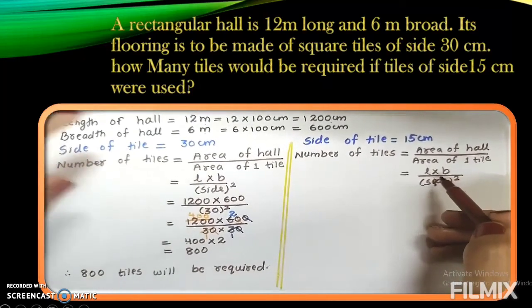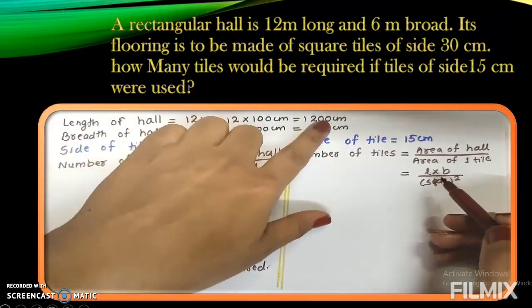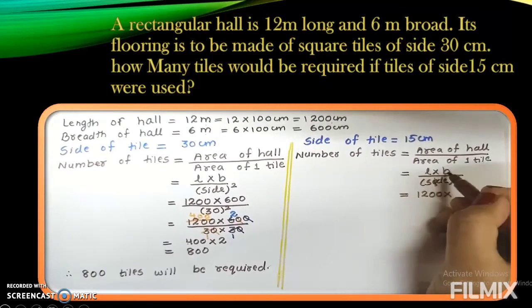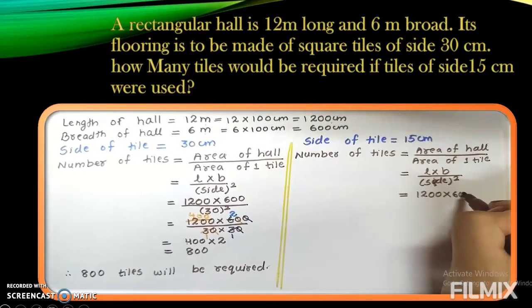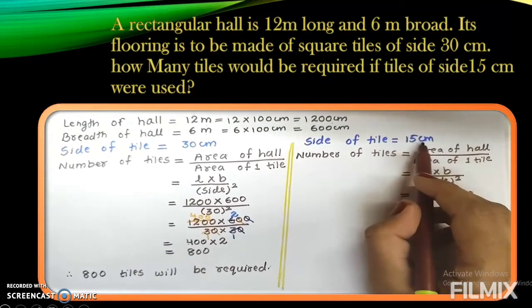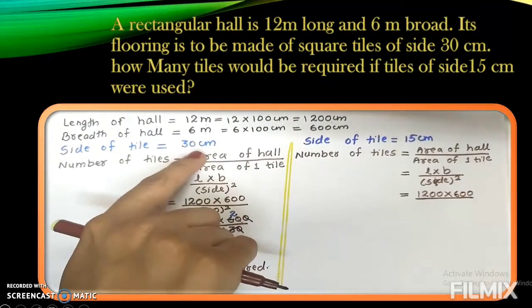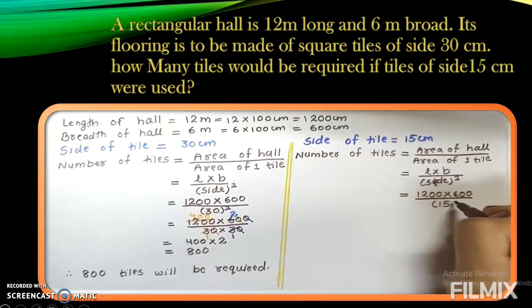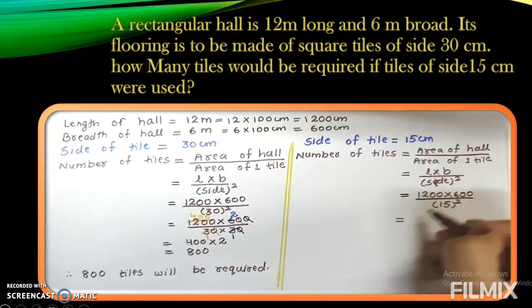Now we'll substitute the values. Now the length and breadth of the hall will remain the same. Length of hall is 1200, so we will write 1200 into breadth is 600, upon side of tile is 15 centimeter now. This was our case 1. In case 2 it is given 15 centimeter. So we will write square of 15.